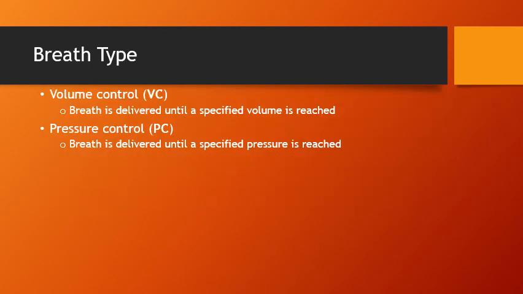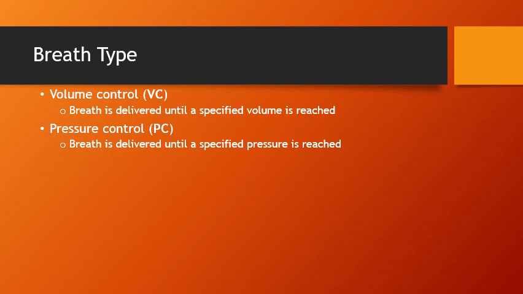The first setting that we'll talk about when it comes to initiating mechanical ventilation, the first thing that you're going to have to choose when you turn that ventilator on, is the breath type. We have two different breath types that we can use. The first is volume control, abbreviated VC.